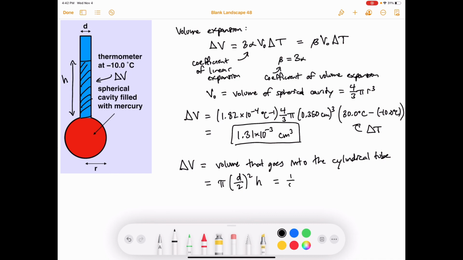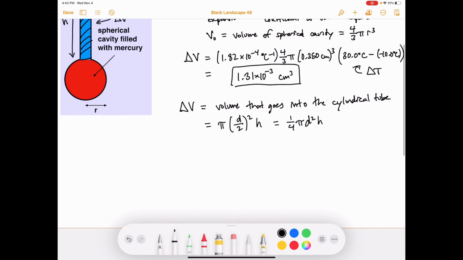So this is 1/4 times pi times d squared times h. And we're trying to find h. So what we'll do is solve for h. That's going to be 4 times delta V divided by pi times d squared.